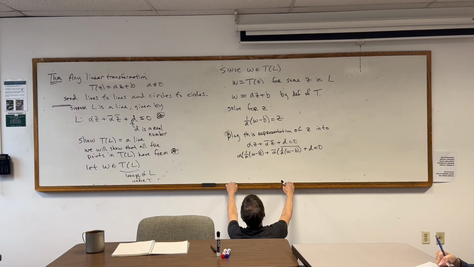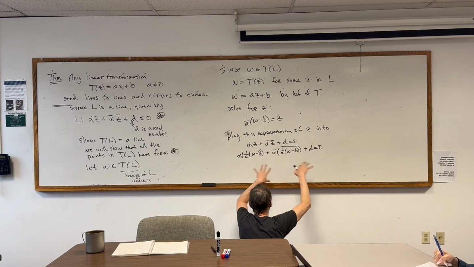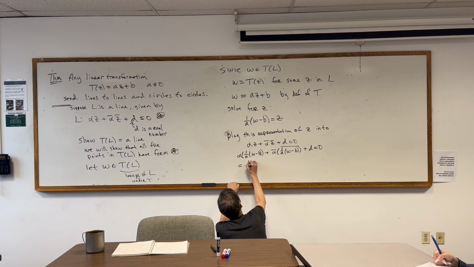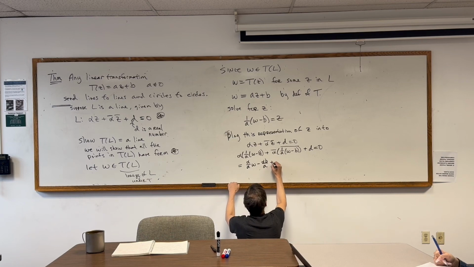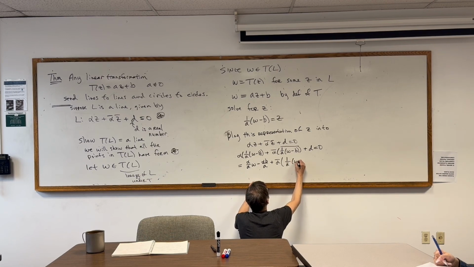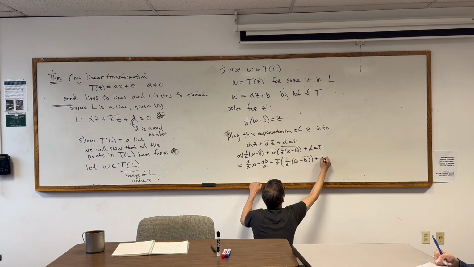A and Z are complex numbers, so when you do this, you've got to spread that conjugacy everywhere. So I might slow down on this one. Just do a little bit at a time.